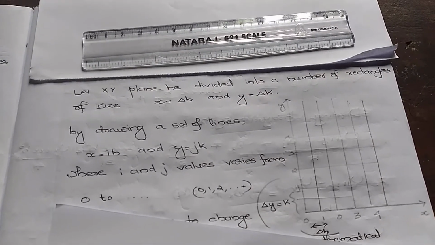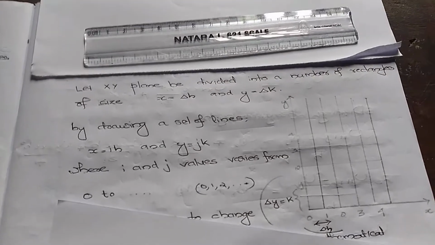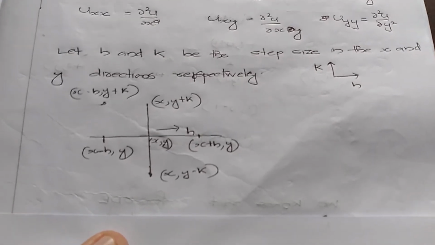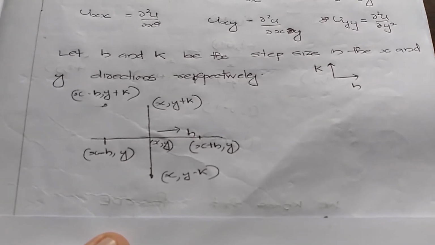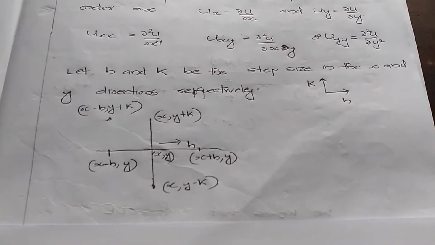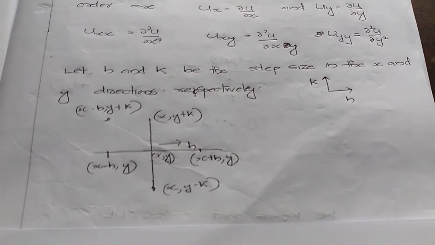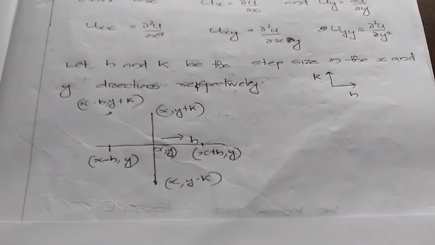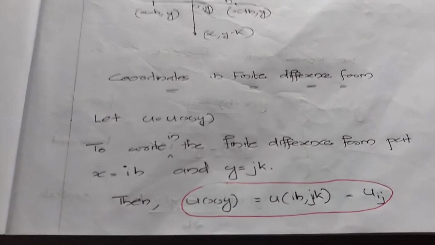The finite difference form consists of quite a simple method. We need a simple method because x and y are two independent variables. In finite difference form we can represent them as one variable, so we can represent two dimensions in the name of one variable, that is coordinate u of x, y.